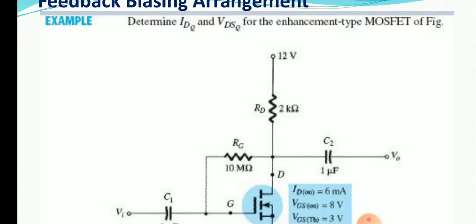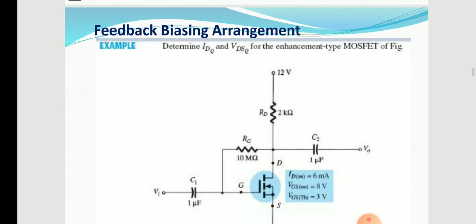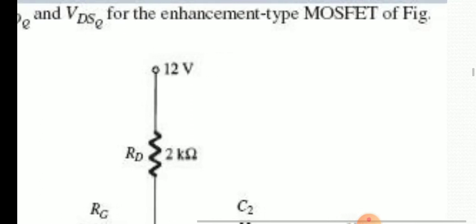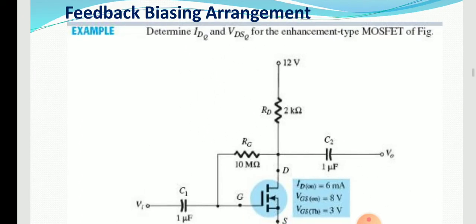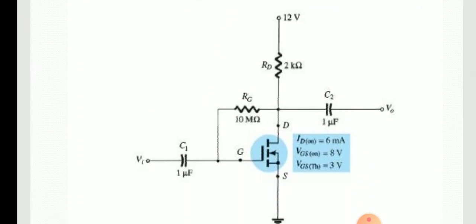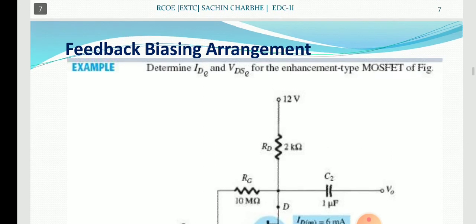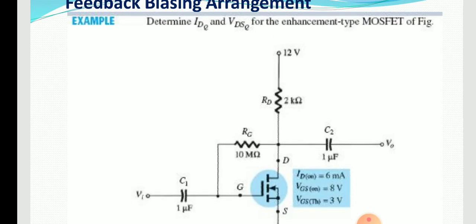Here, determine the IDQ and VDSQ for the enhancement type MOSFET of the figure. In the figure, the gate resistance RG is given as 10 mega ohms, connected between the drain and gate, which is the feedback biasing arrangement. The drain resistance is 2 kilo ohm, VDD is 12 volt.